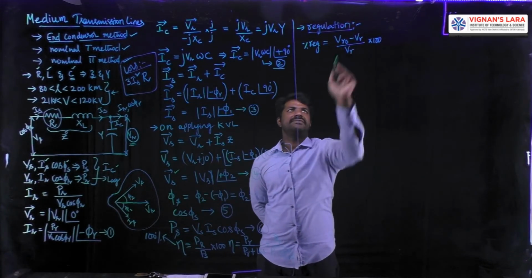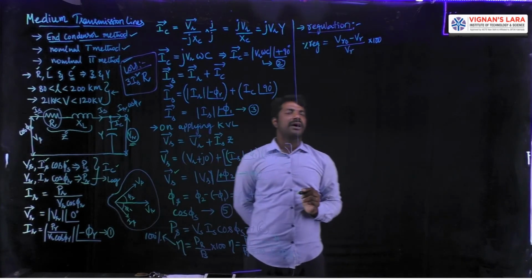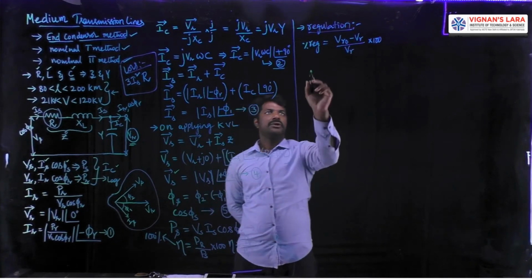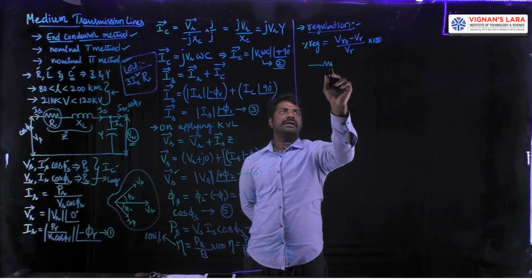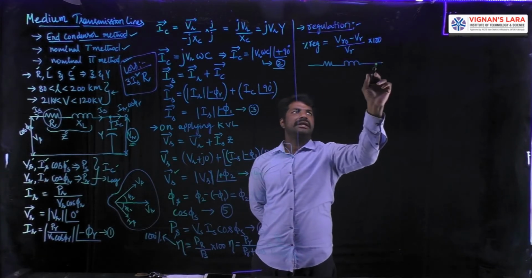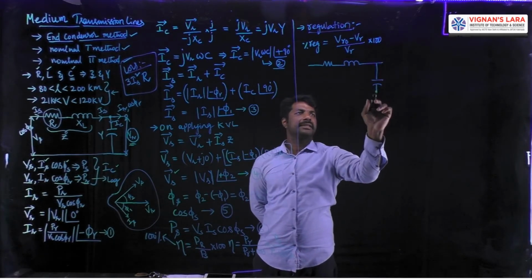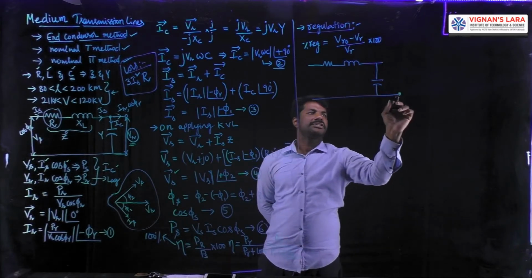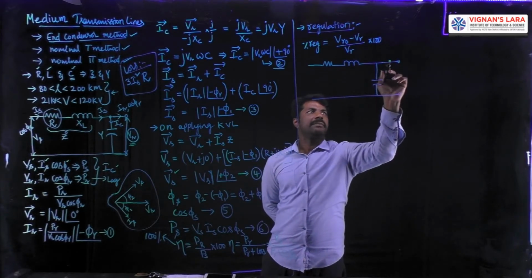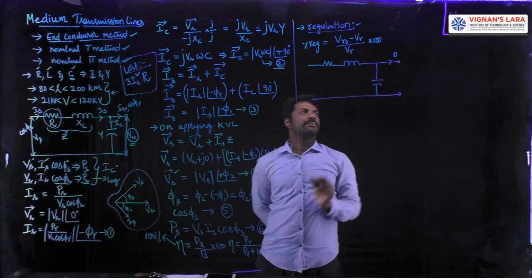As the name itself says, the transmission line is operated at no load, so I have to show the diagram here, resistor, inductor and capacitor like this, operating at no load. Thereby the current on the receiving end side will be 0.